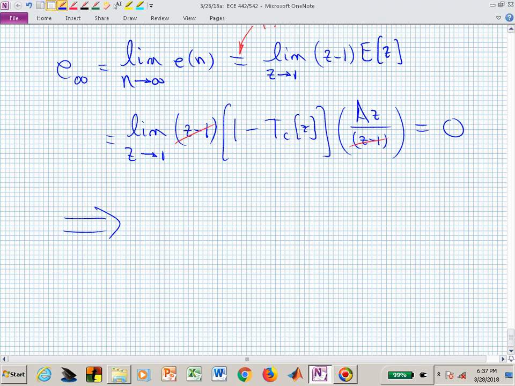Because a is a non-zero value, we could divide that out if we wanted. Z going to 1 in the right-hand side parenthesis is just 1 times a. And to make that 0, we have to force 1 minus T sub c of z, as z goes to 1, to equal 0. Or we could say then that the limit as z goes to 1 of T sub c of z must equal 1.